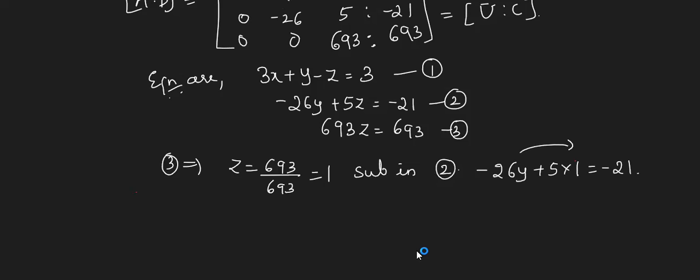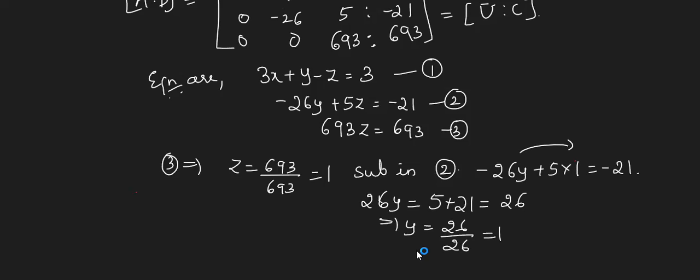Better, shift this here. So 26y is equal to, you have a 5 here, if I shift my minus 21, it becomes plus 21. What is the value of this? 26. So what is the value of y? 1.